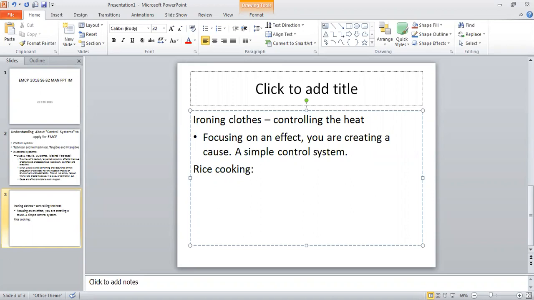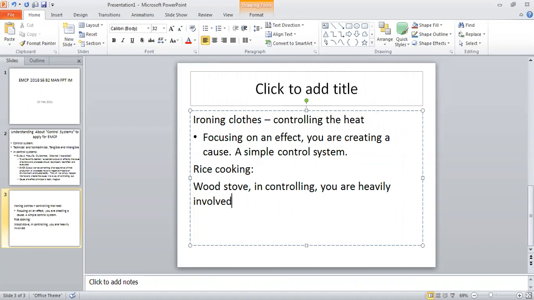You are controlling the heat, you are controlling the cooking time and all. But in a rice cooker, this can be automatic. So if you are using a wood stove, you are heavily involved in controlling. Okay, so I'm creating a background for this.